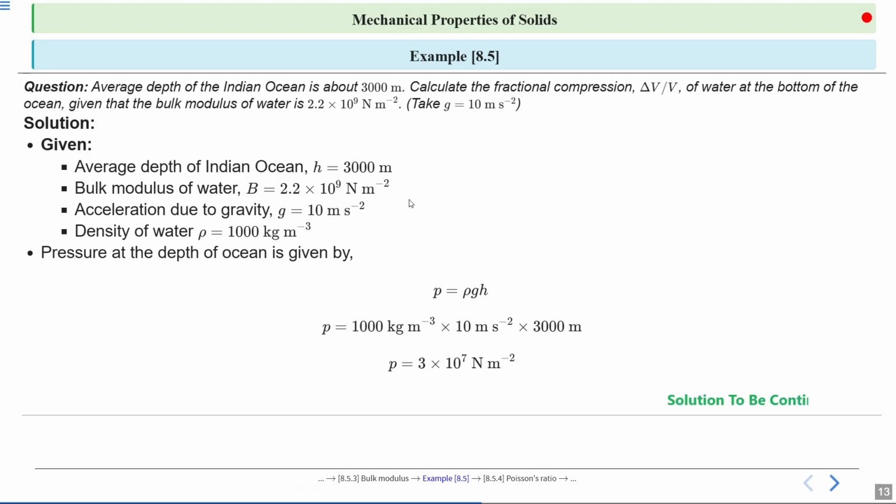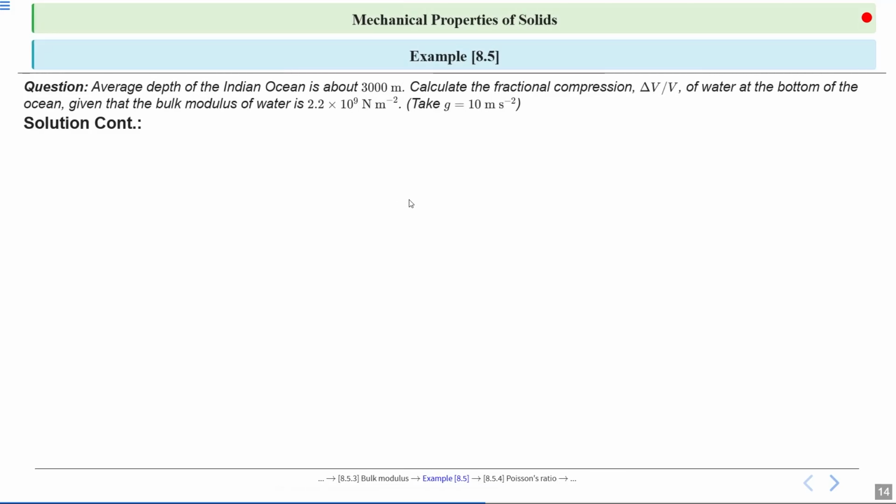Now let's recall the formula for bulk modulus. B equals minus P divided by delta V divided by V. Here P is the increase in pressure, delta V is the change in volume, and V is the original volume.